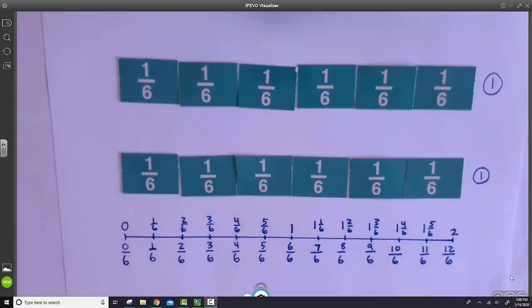So always read the directions carefully to be sure that you fill in the correct response. Sometimes, as you're doing math in the future, the request will be fractional form. At other times, the request might be fractions or mixed numbers.